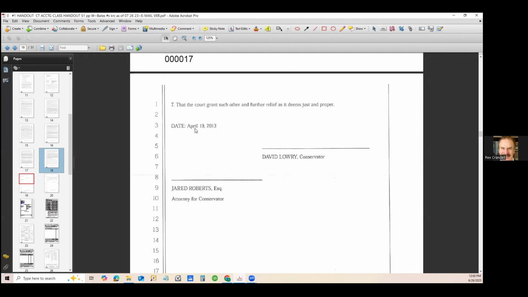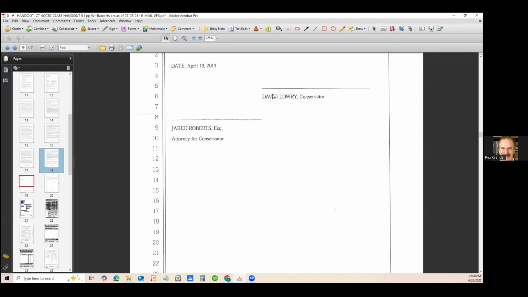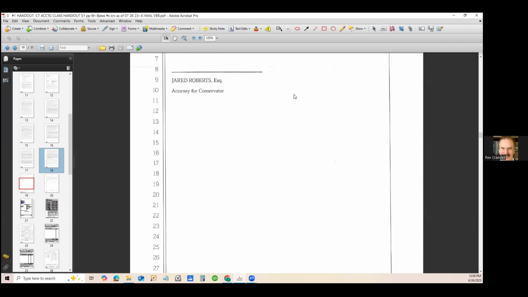You will date it. I don't do mine this way. What I do is the attorney signs right here as the attorney for, I put David Lowry, comma, conservator. And then the only time I have the conservator themselves sign is a verification.